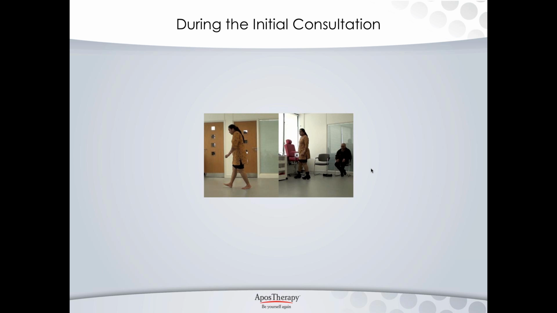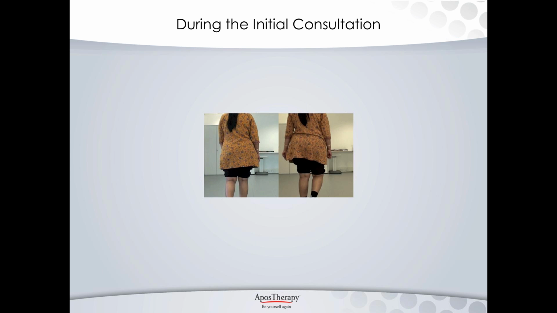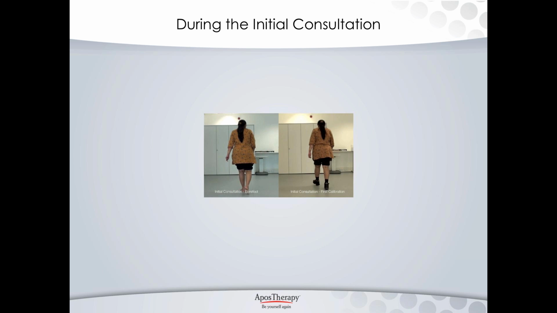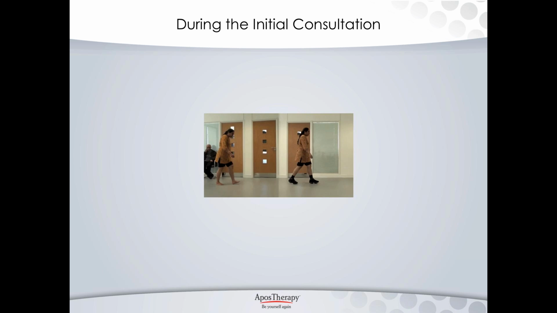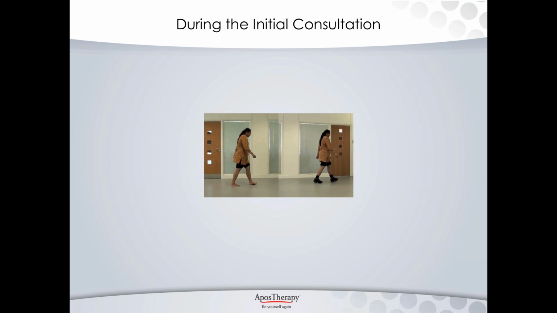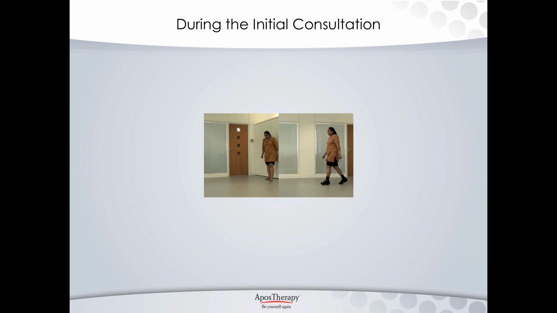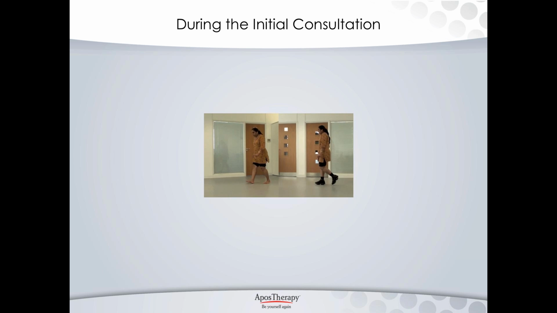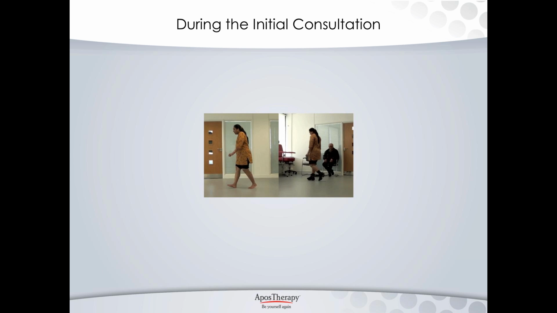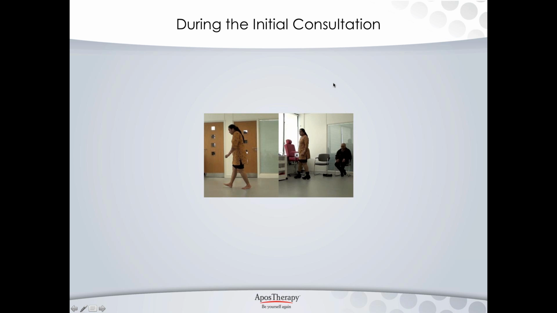At the same time, on the right hand side, this is 10 minutes after we've calibrated her into the special biomechanical devices. You can see that her walking speeds up a lot. She's a lot more comfortable, and she's a lot more symmetrical, so that limp has reduced. More importantly, she's reporting less pain because we've taken the pressure away from the areas that were initially causing her pain, and at the same time we're training the muscles up to start working more efficiently.